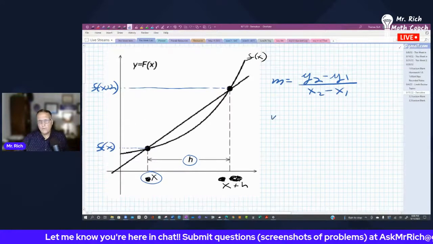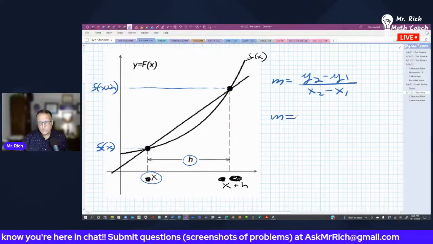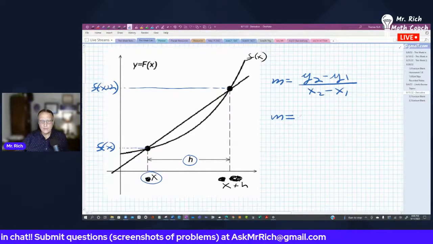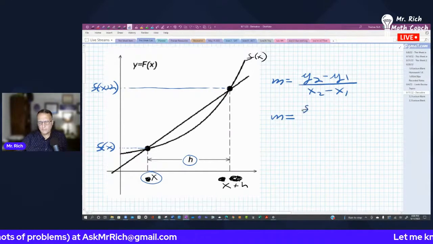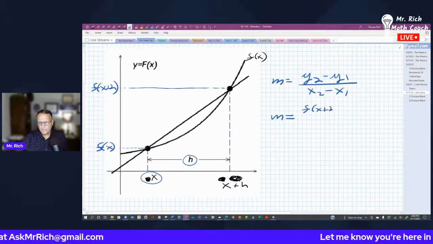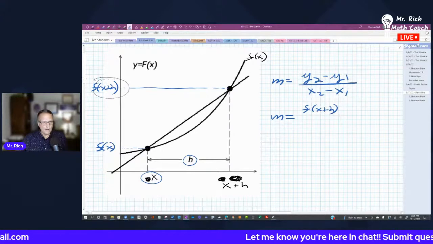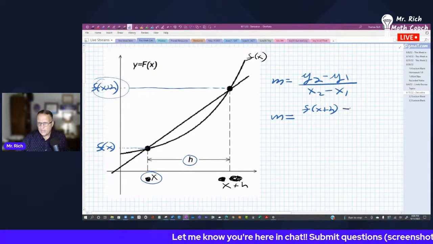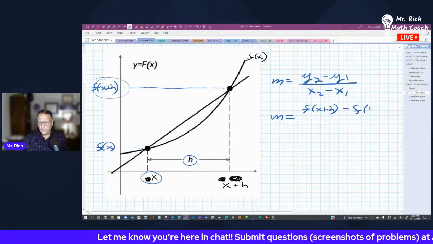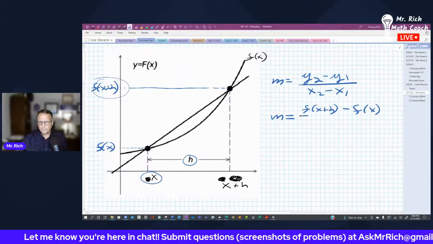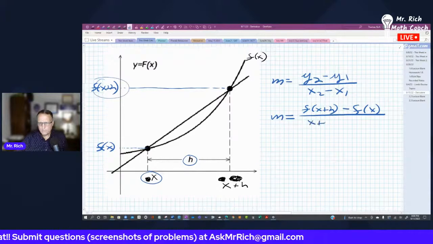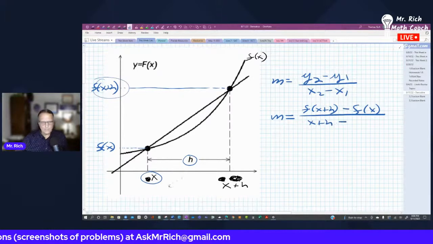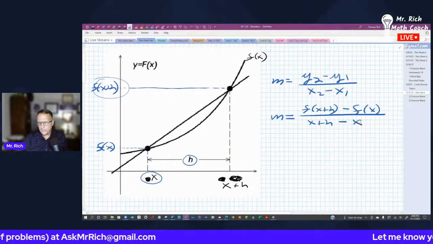Instead of y2, I'm going to call it f of x plus h, because that is the y value here, minus the other y value, which would be f of x. And then my x2 would be x plus h minus the x1, which would be x.